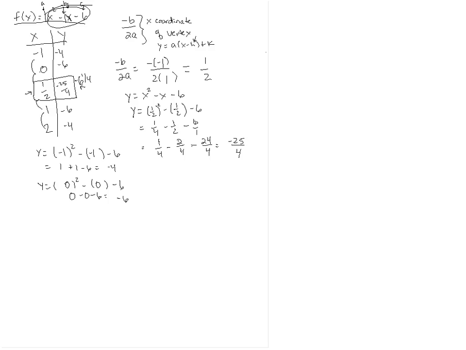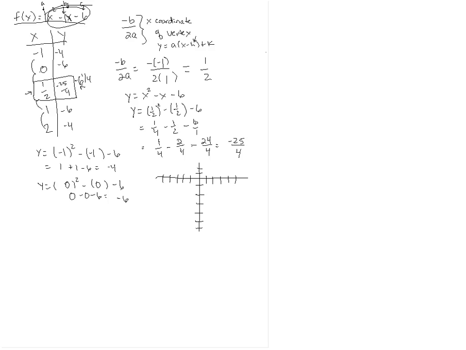So let's do this. 6, 1, 2, 3, 4, 5. 1, 2, 3, 4, 5. Okay. Now, what do I got? Let me kind of move this up so I can see again. The vertex is 1/2, and then -6 and 1/4. So that's down about there.